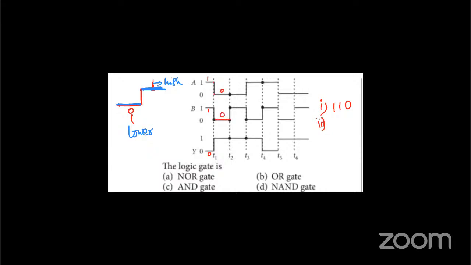And here it is a higher state, so it becomes a 1. So the second combination is 0 0 1. And for the third combination, here it is 0 and here it is 1 and here it is 1. So it is 0 1 1.